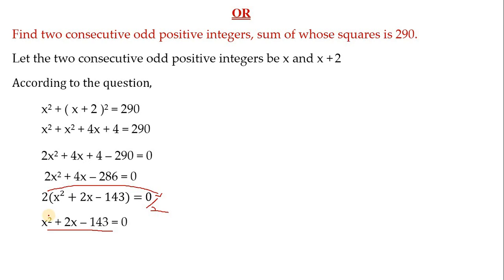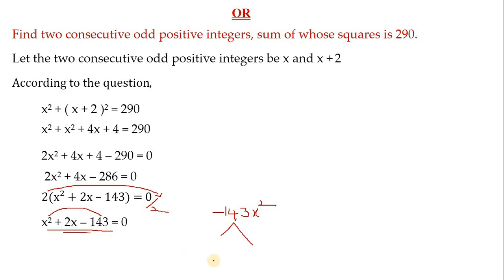Now we have to write factors for minus 143 x square. First term multiplied by the last term we'll get this. So write the factors for this. How do you write the factors for this? If you add or subtract, we'll get 2x.